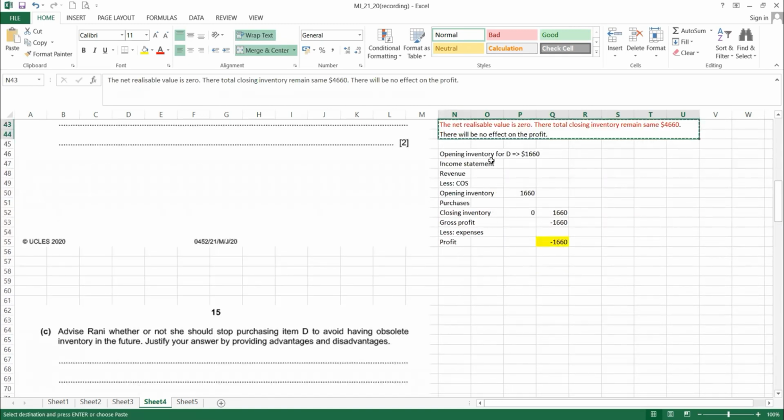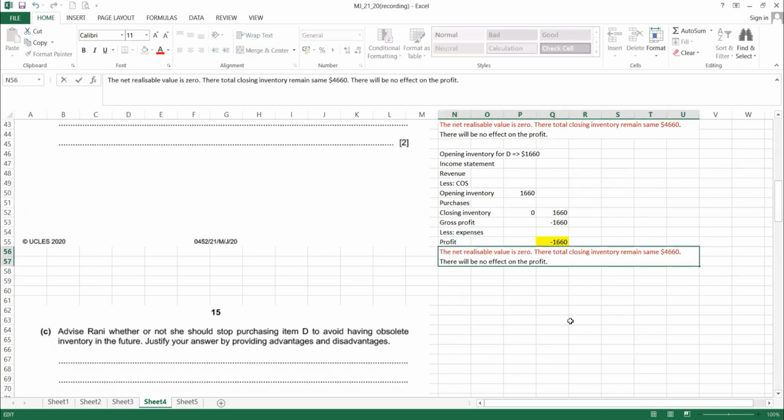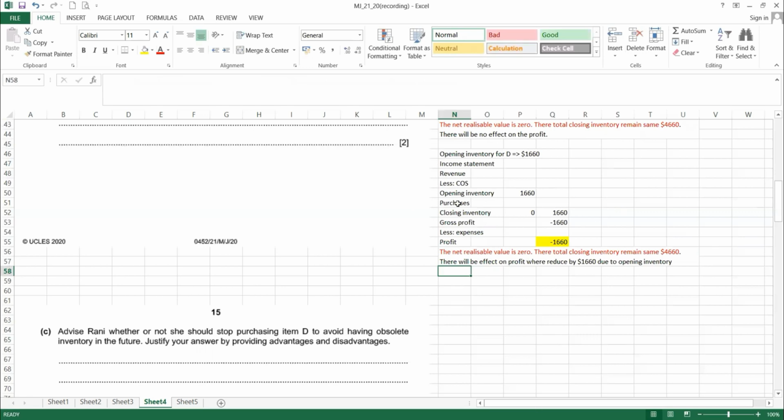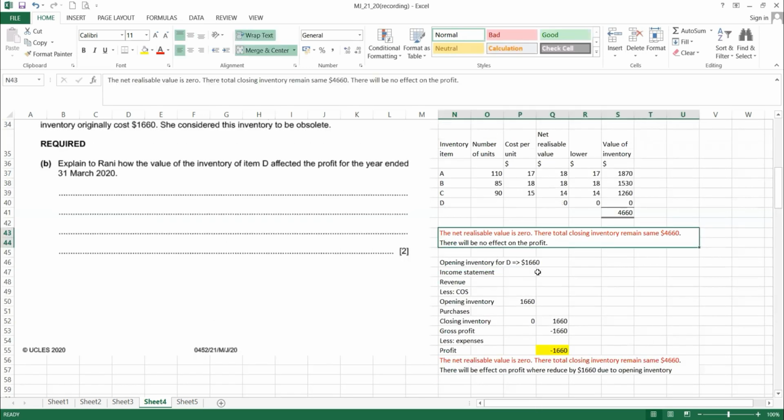Based on the accounting concept here, the total closing inventory remains the same, 4,660. But there will be an effect on profit, where it is reduced by 1,660 due to opening inventory. So that should be the answer from my point of view compared to the marking scheme.